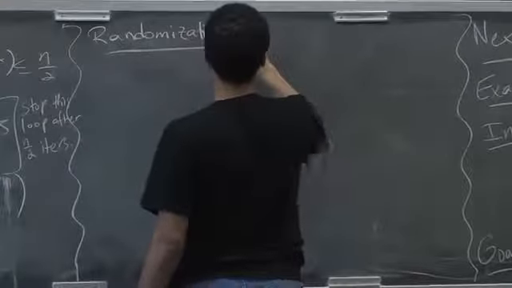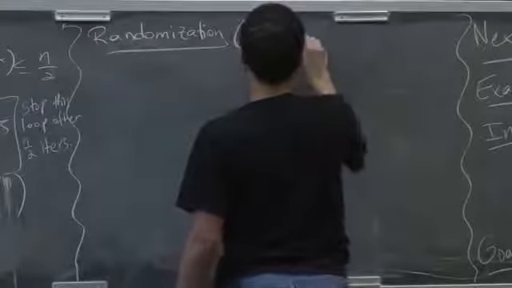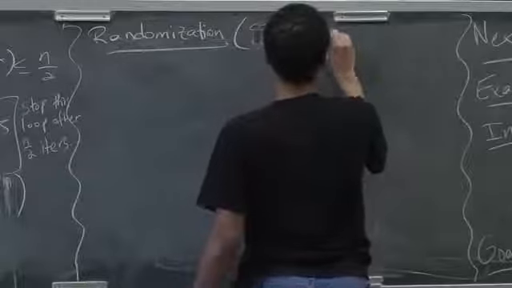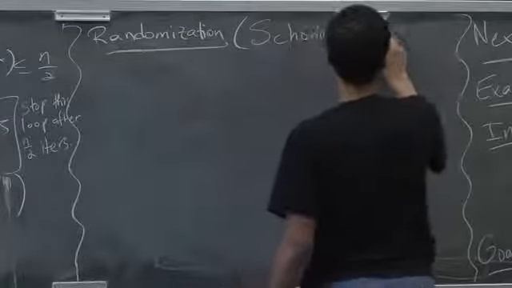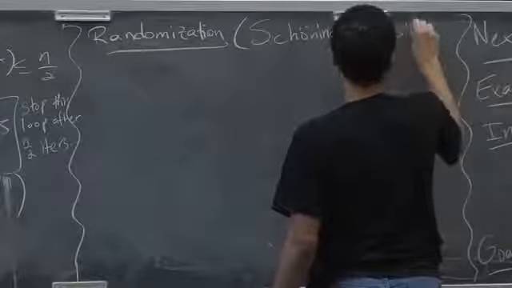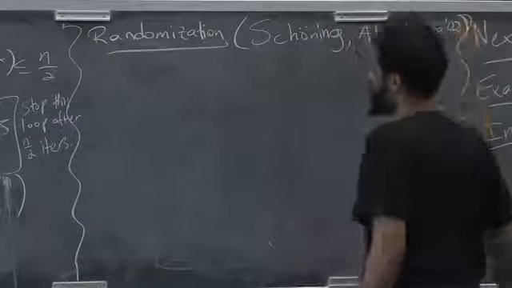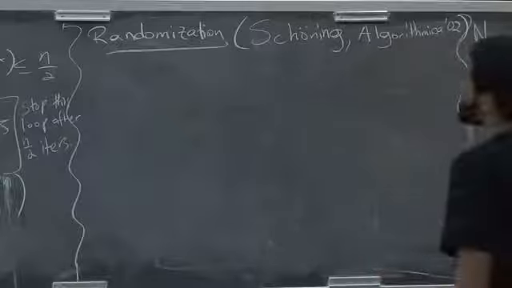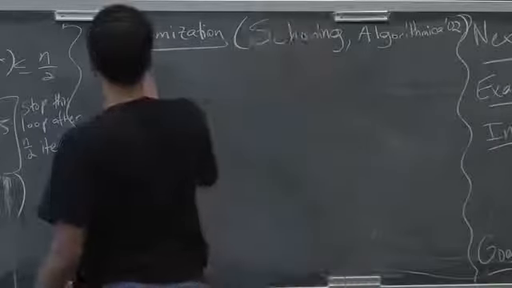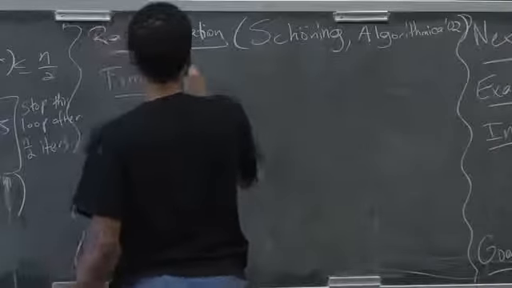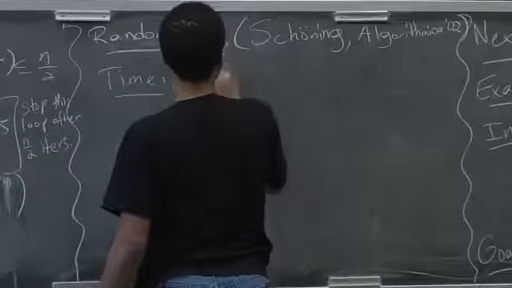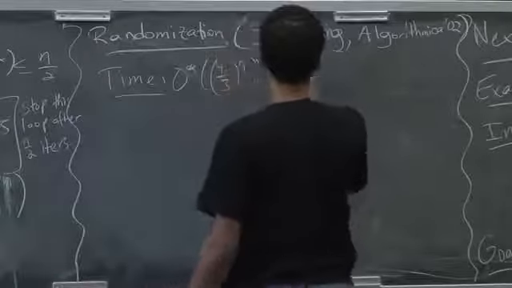So I'm going to show you Schöning's algorithm. The journal version was in 2002. It's going to get time O star of 4/3 to the n, and space poly n.